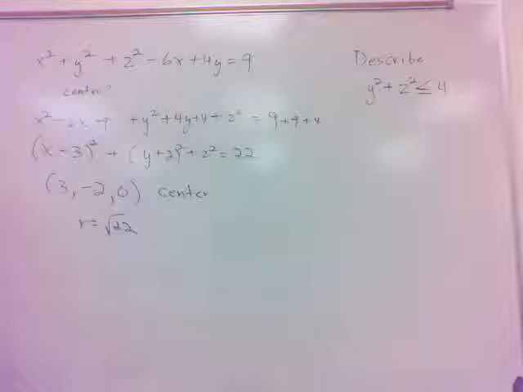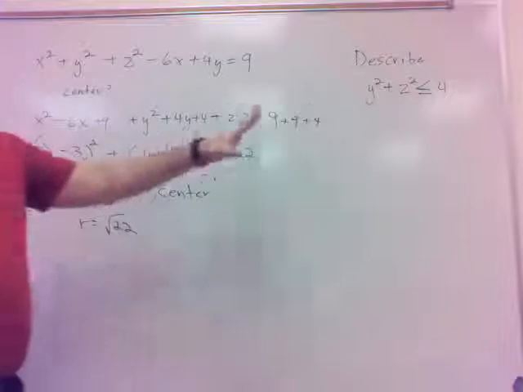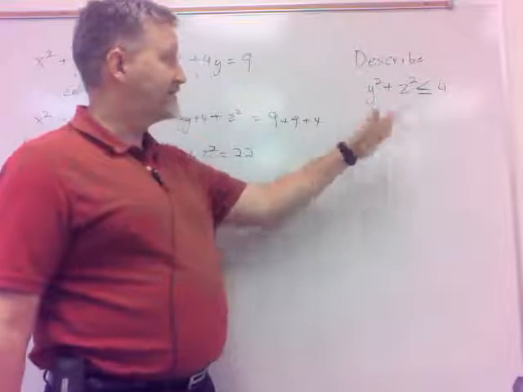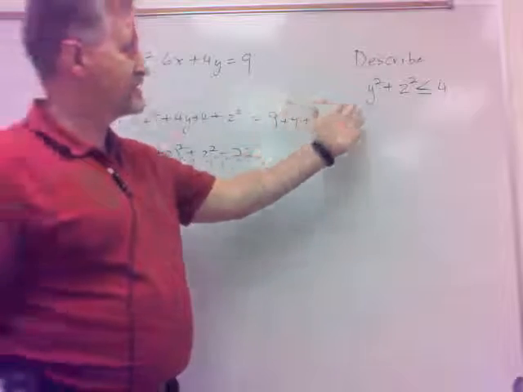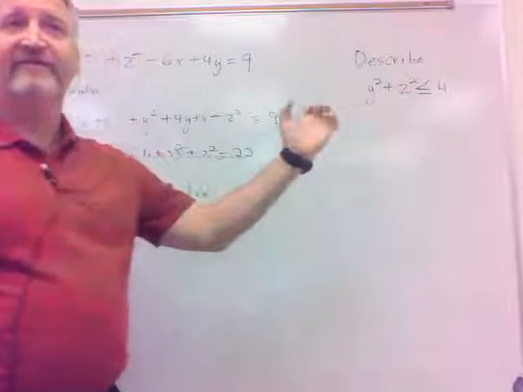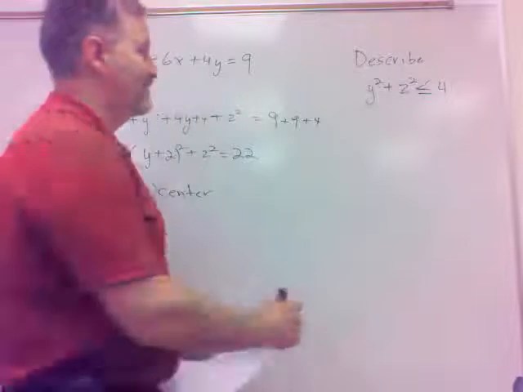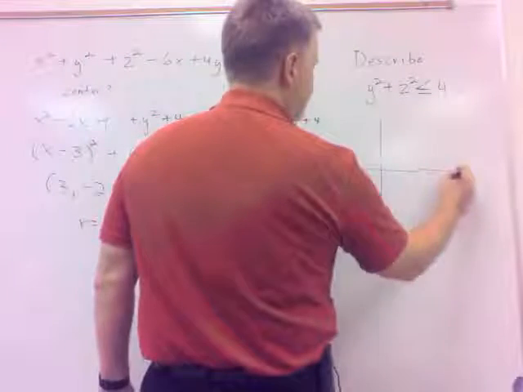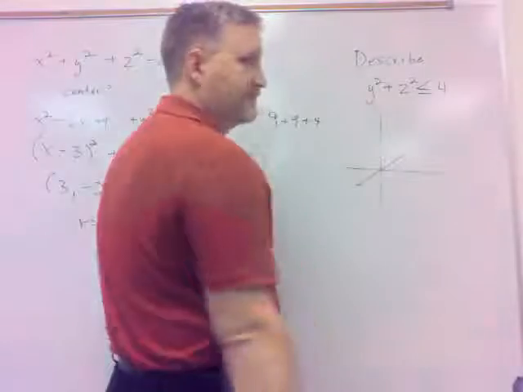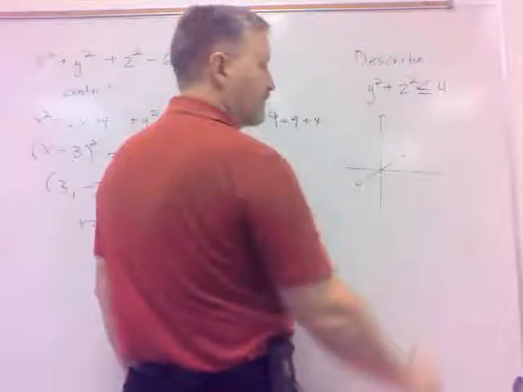If you just look at, again, the 2 dimensions, the YZ plane here, what have we got? You've got another circle. So in the YZ plane, we've got a circle.